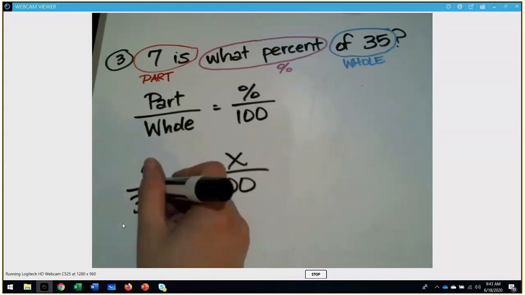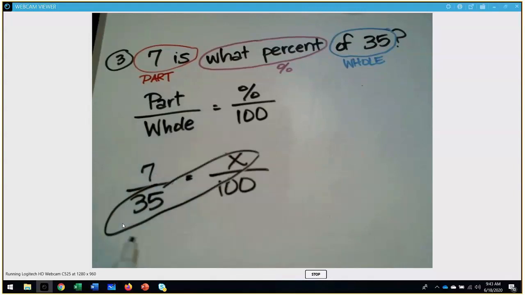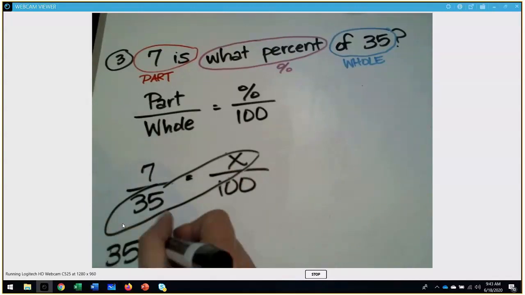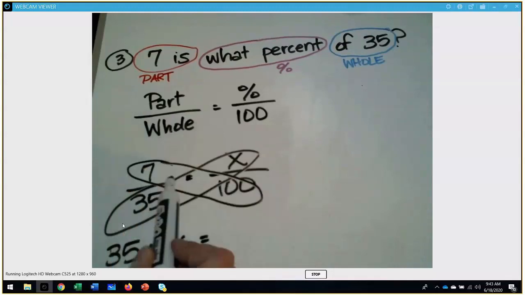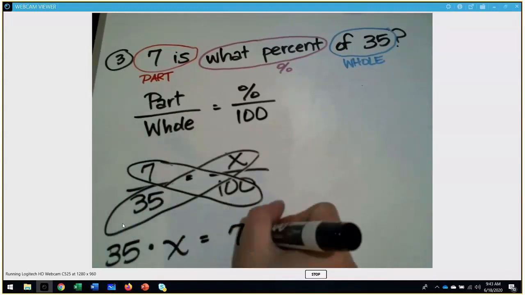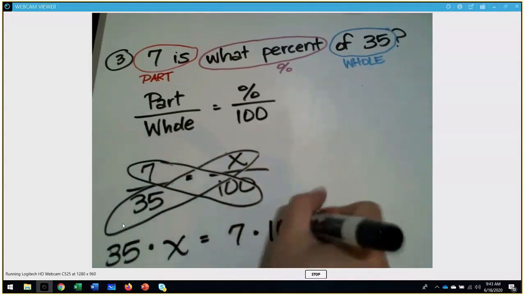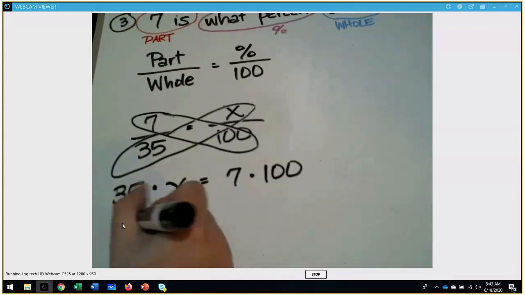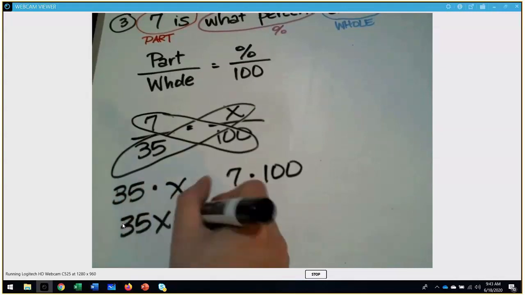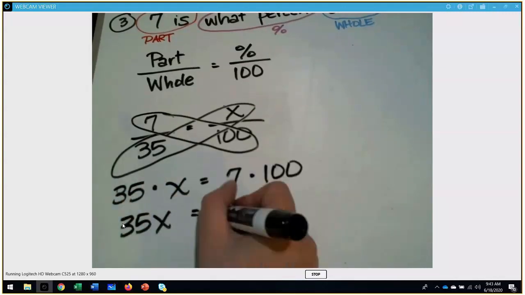And then, rinse and repeat, cross multiply. 35 times x equals 7 times 100. 35 times x is 35x. 7 times 100 is 700.